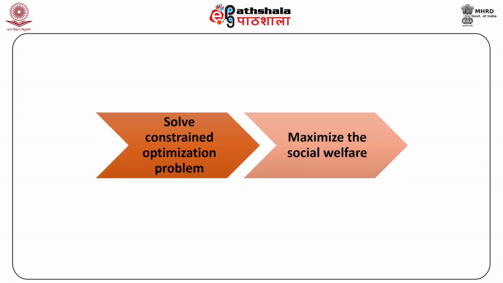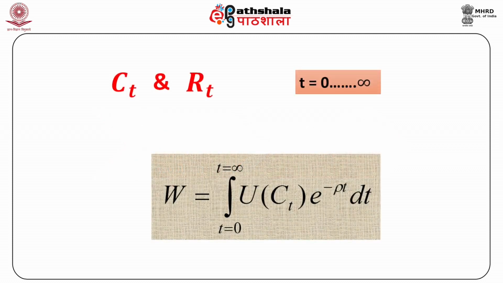We need to solve the constrained optimization problem to maximize the social welfare function subject to the aforementioned two constraints.